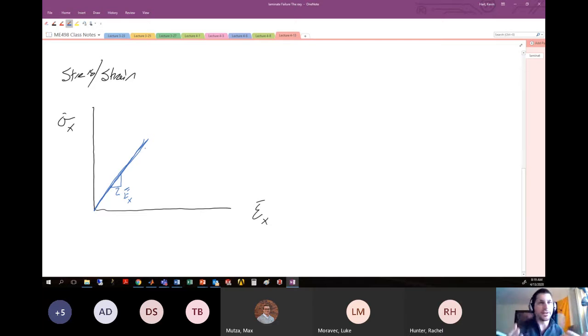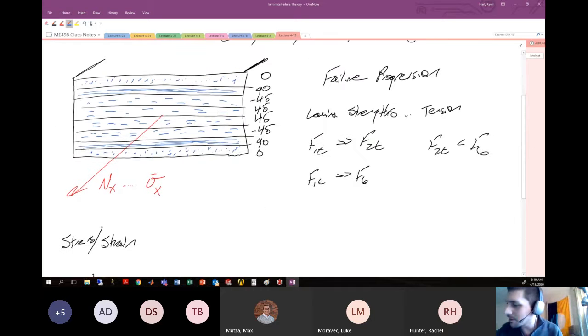there will be some failure event in one of the individual layers. In this particular laminate, because this load NX is directed directly across the fibers in the 90-degree layers, and those layers are so weak in the 2 direction of that lamina, we would anticipate those layers failing first.